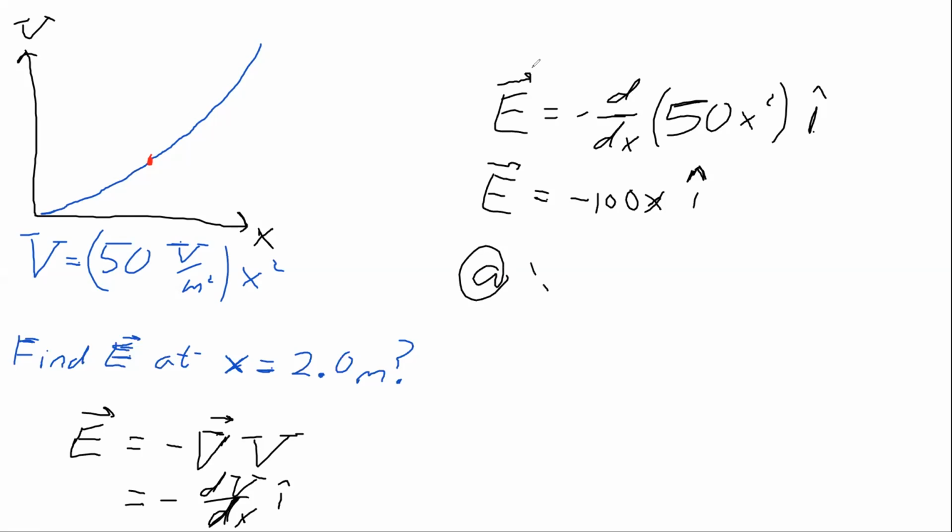At x equals 2, you just plug in. Electric field equals negative 100 times 2.